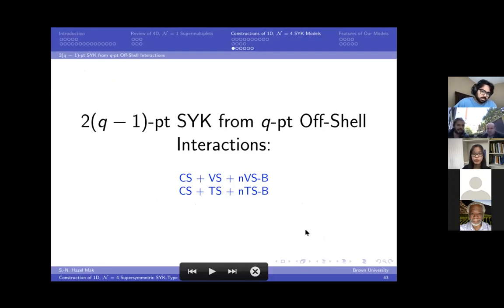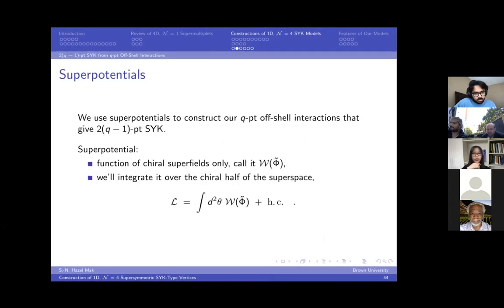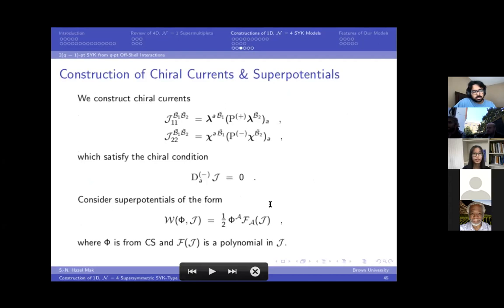And second, we use superpotentials to construct these. Let me have a little bit of a recap. Superpotentials are functions of chiral superfields only. When we integrate them over the chiral half of the superspace, it is automatically supersymmetric, with this plus HC.